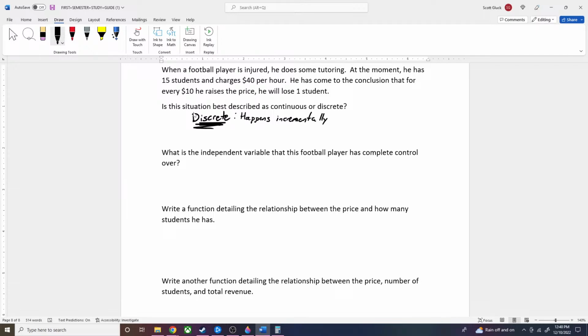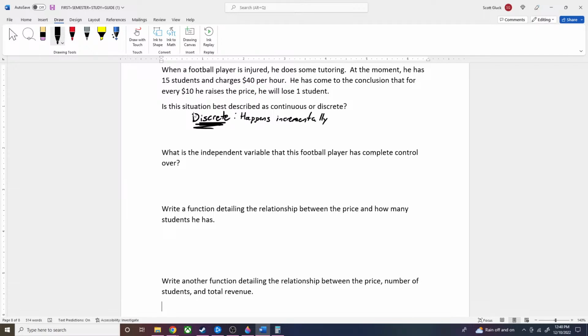Now, what is the independent variable that the player has complete control over? Once again, this is a situation where we have to think about what's going on logically, and identify independent versus dependent variables. An independent variable is something that you have full control over, right? You can change it at your will, and other parts of the situation may change based upon you changing that.